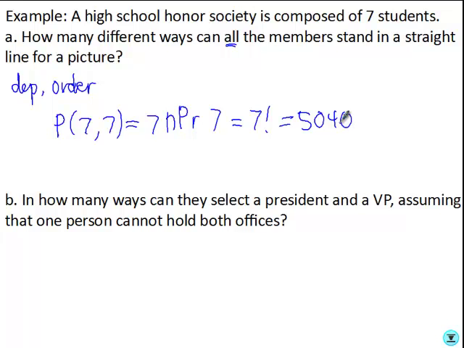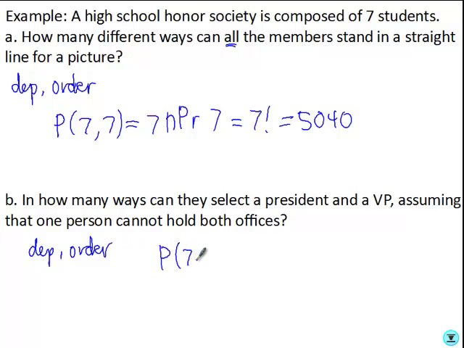Okay, and it says how many ways can they select a president and a vice president, assuming that one person cannot hold both offices. So this time, we're choosing 2. It's important. So they're dependent. You can't choose the same person for president and vice president. And again, the order matters. Because we'll say the first person you pick is going to be the president, the second person you pick is going to be the vice president. So since the order matters, it's a permutation.